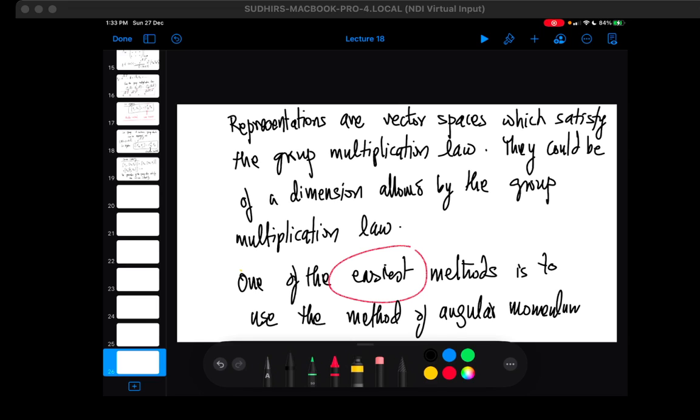The basic idea is that you use the same angular momentum technology and construct all possible representations, exactly like what you do in the case of spin. Let's remember how it is done for SU2, and then perhaps in the next lecture we'll do it for SU3.